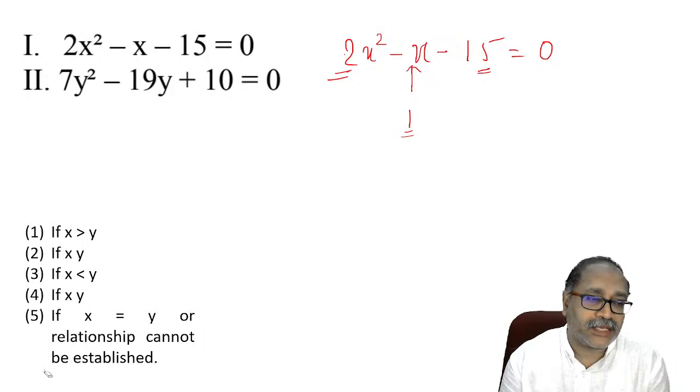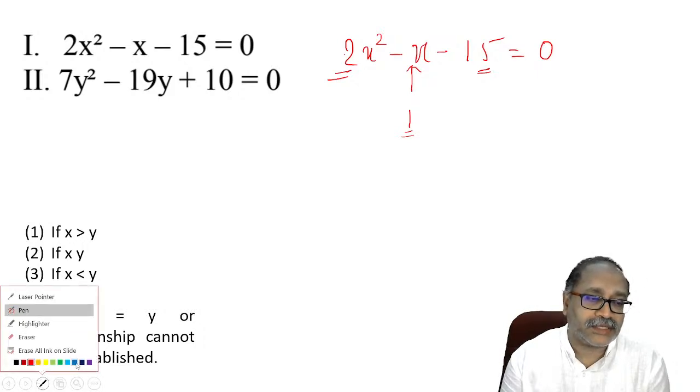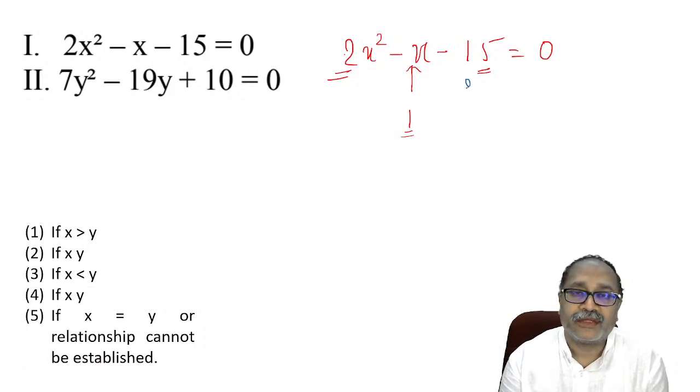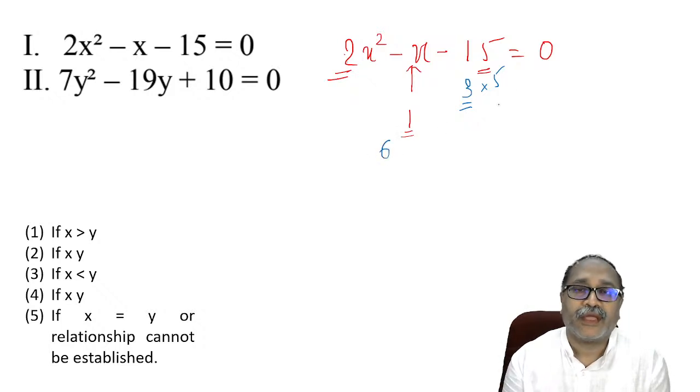I will write this as, I am explaining it very clearly, 3 into 5, which is 15. Now look at this one. 3 into 2 is 6. And here it's 5. So when you take the difference, 6 minus 5, will you get 1 or not? Yes, you will get 1.